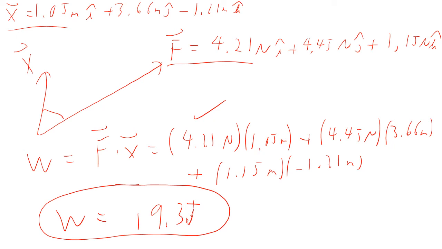Well, no, it's not really complicated, because what we can do is look at this and say, oh, wait, we know that work is F times X times cosine of the angle. Well, F is the magnitude of the F vector.